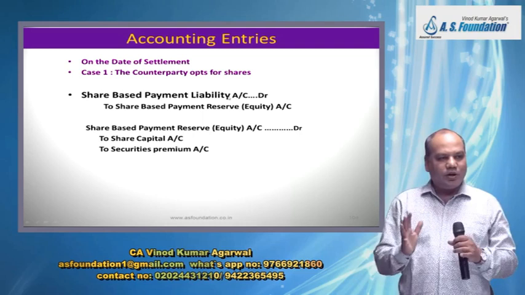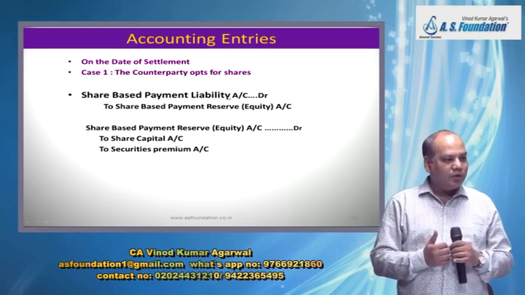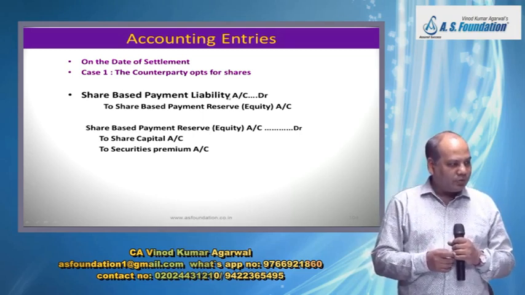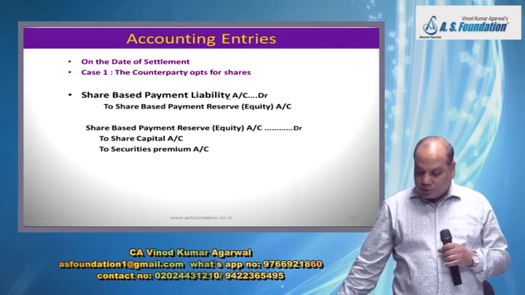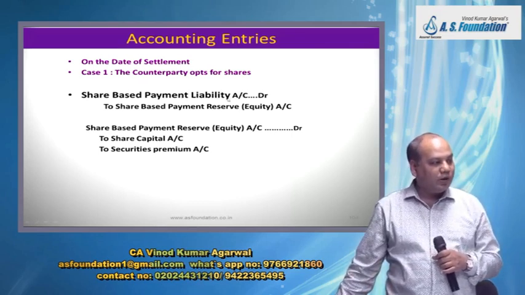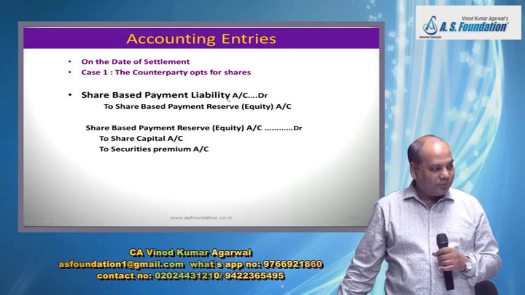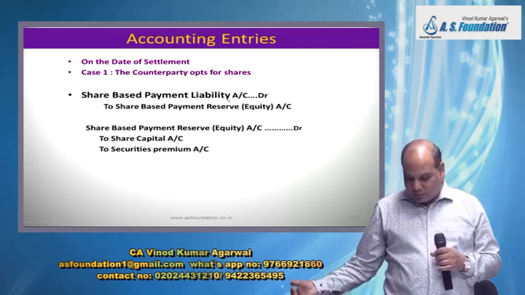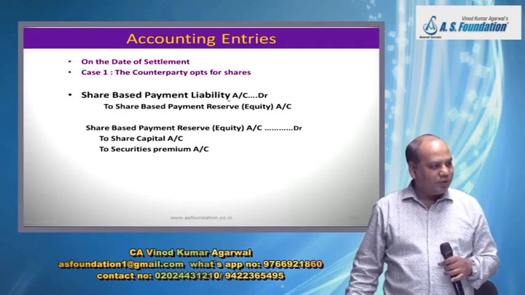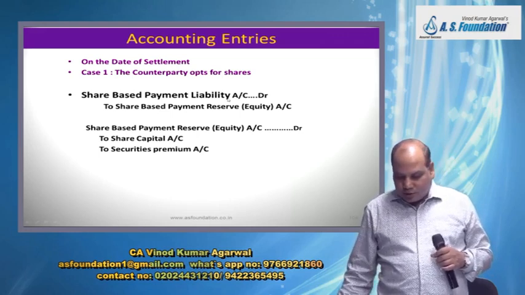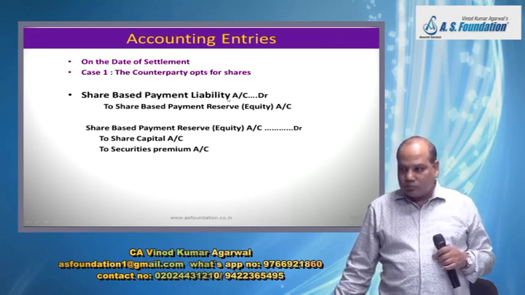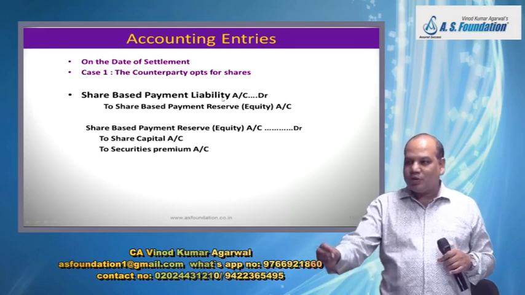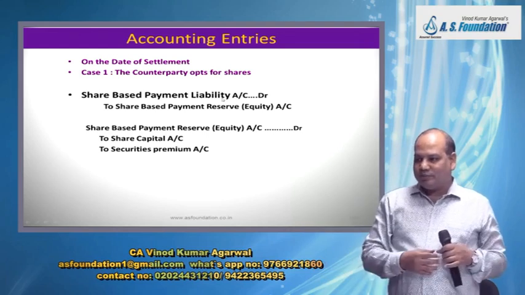So you treat it as a consideration for the shares that you are issuing to me. So of course it will take into account the change in the fair value of the liability. So what is your query? Because that's a consideration you are receiving. Of course, this is his money. Share based payment liability is what you are supposed to pay to him.